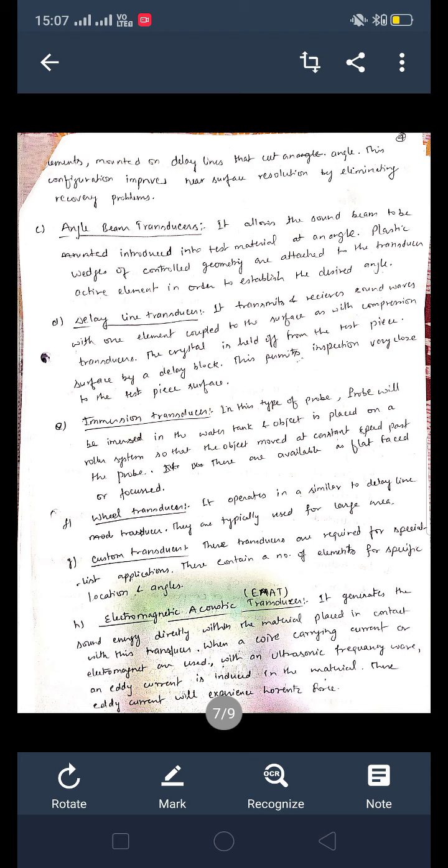The most important is the electromagnetic acoustic transducer. It generates sound energy directly within the material placed in contact with the transducer.